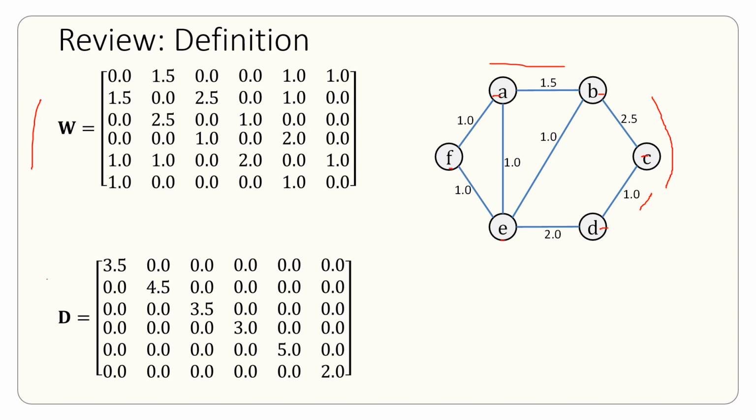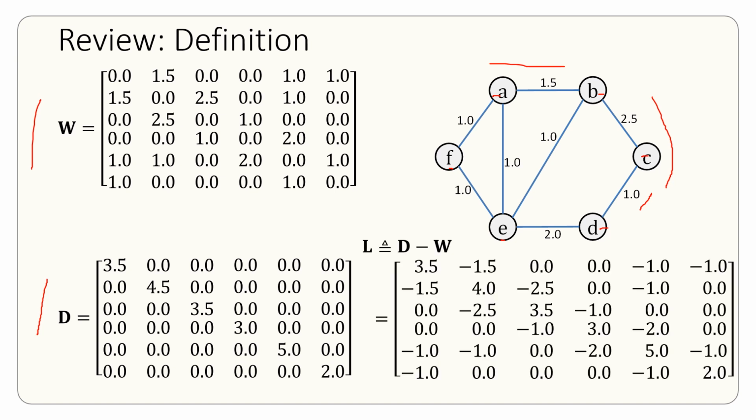And so the degree matrix is a diagonal matrix consisting of the degrees of the vertices 1 through 6. And the Laplacian L is simply D minus W. So this matrix here is the graph Laplacian.